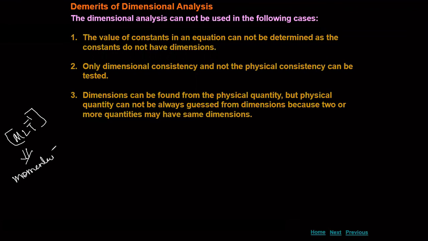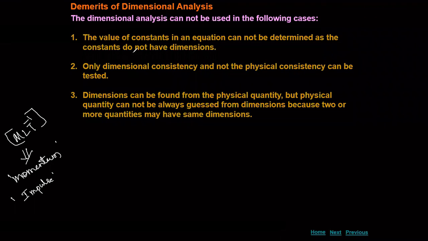But there will be physical quantities which have the same dimensional formula. It may be impulse also, right? So we may not say the exact physical quantity by using the dimensional formula.